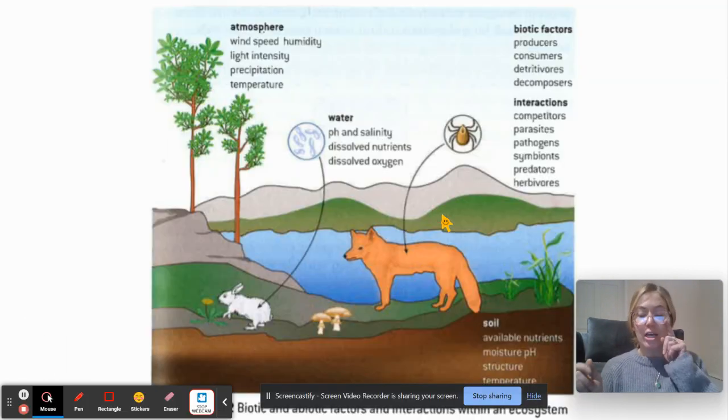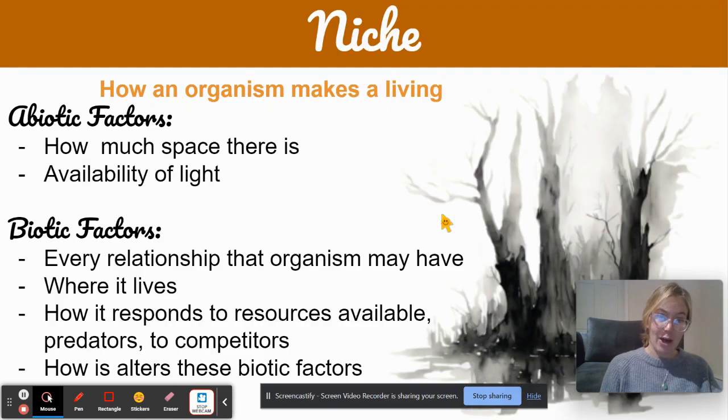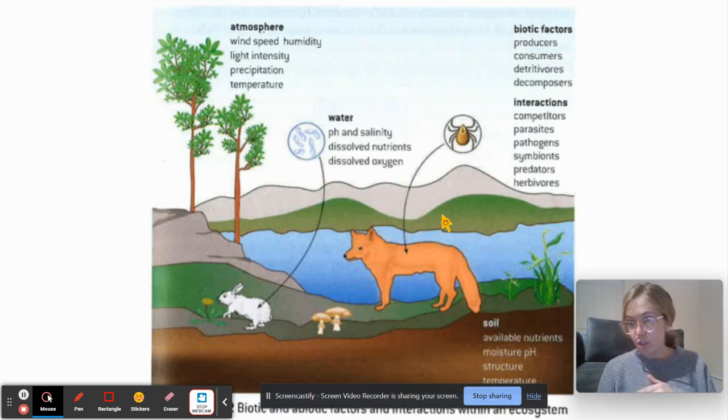Oh, I forgot about this. So this was what I was mentioning with the abiotic and biotic factors. Here's a little visual if this ends up being more helpful to you. I pulled this from the book, but you've got your biotic factors over here. You've got some examples of what could potentially be in the soil.